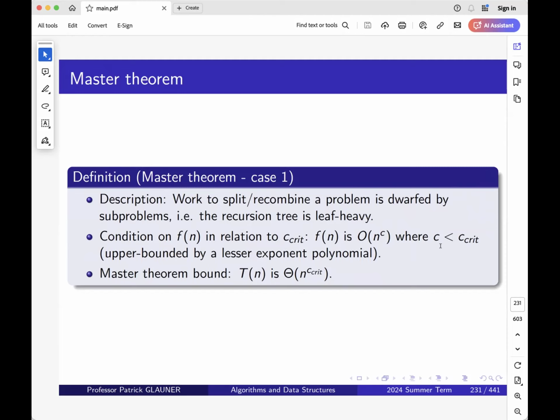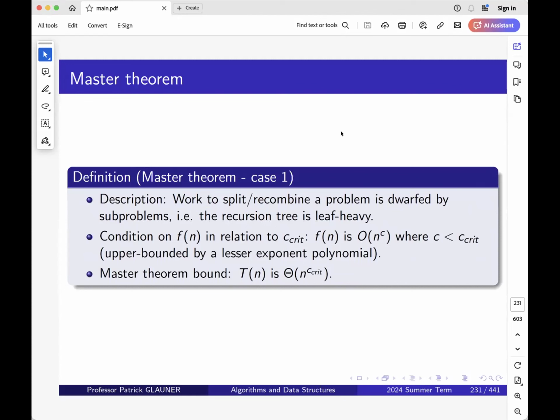Case one addresses the recurrence relations where we have most of the work in the subproblems. So the work of splitting or recombining what comes from the subproblems is much less than the work that is actually done in the subproblems. And such a recursion tree is called leaf heavy.